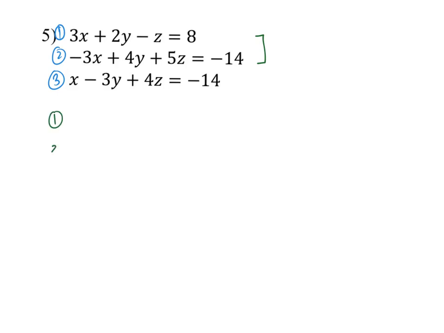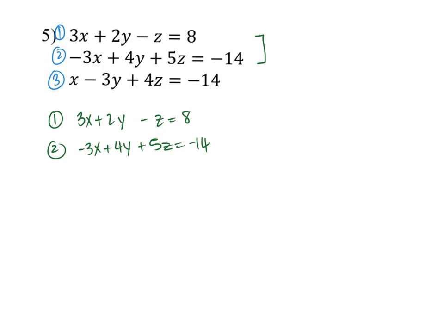So what I'm going to do here, I'm going to copy the 1, copy the 2, and paste them here. So this is going to be 3x plus 2y minus z equals negative 8. And negative x plus 4y plus 5z equals negative 14.